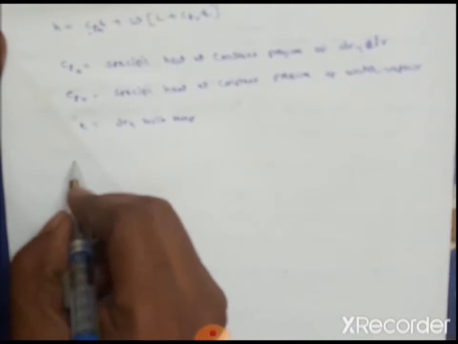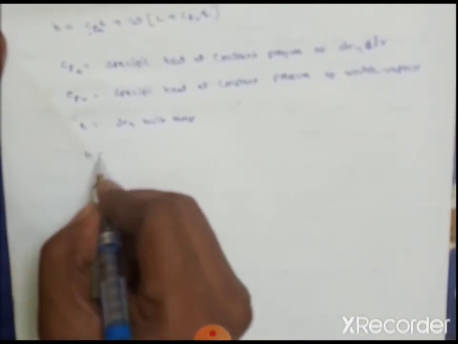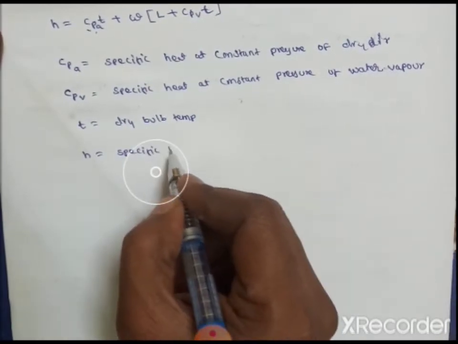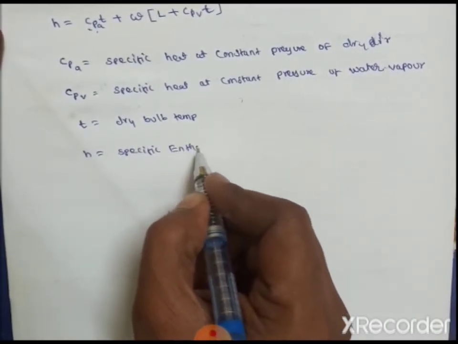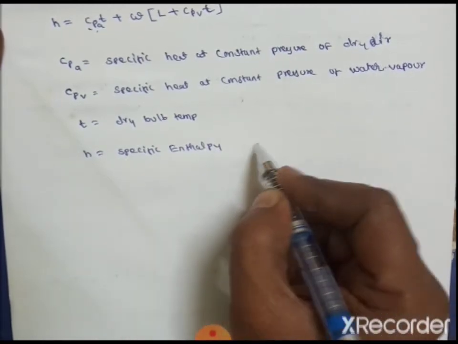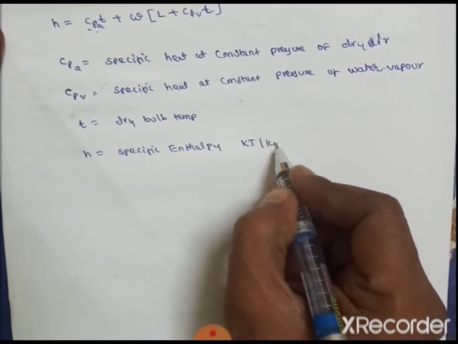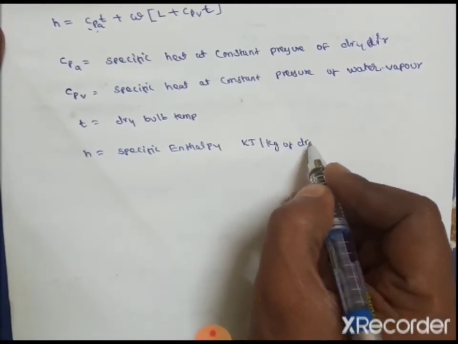So H is equal to specific enthalpy, in terms of kilojoule per kg of dry air.